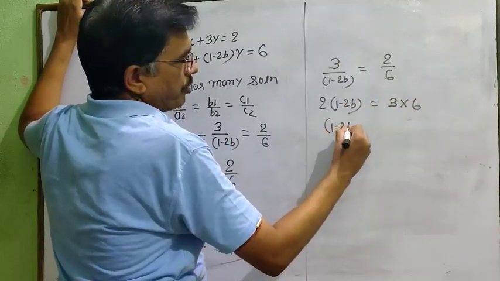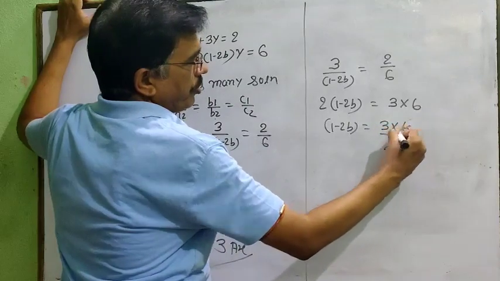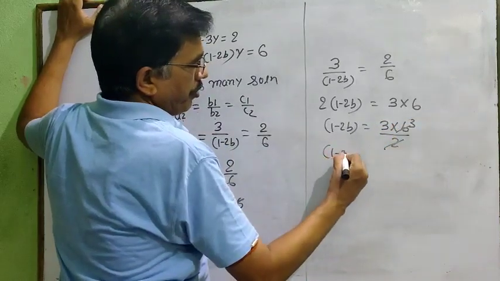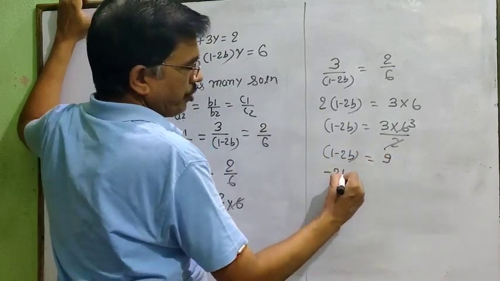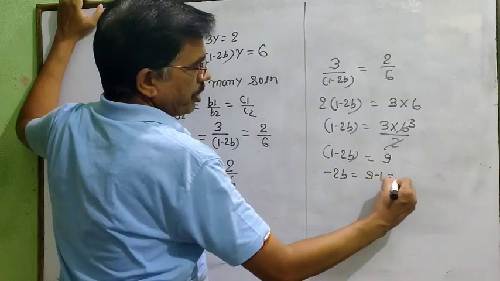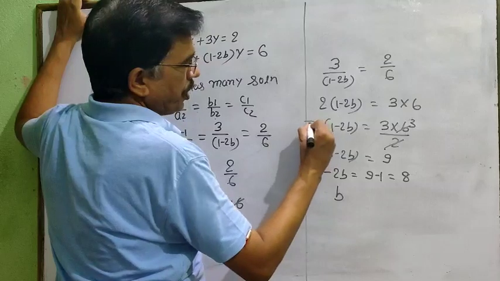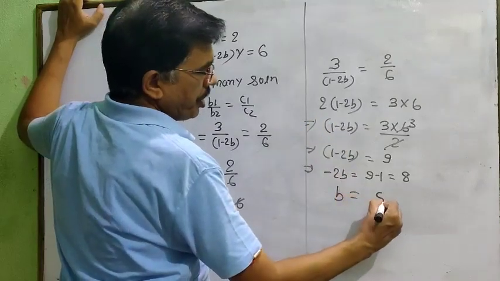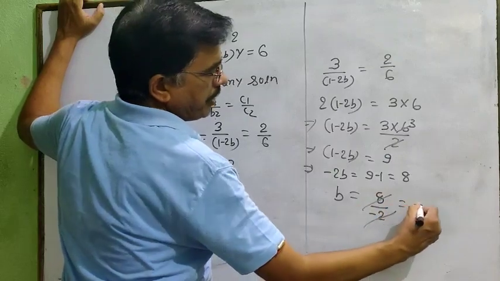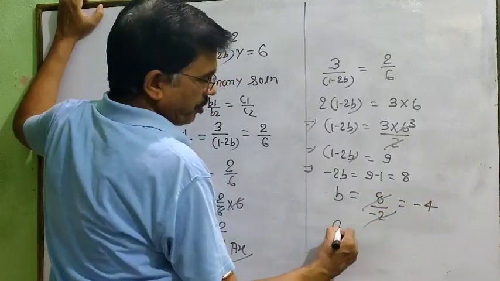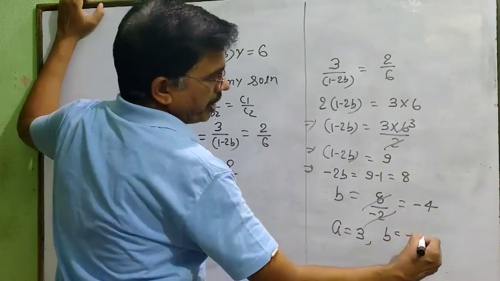So 1 minus 2b is equal to 3 into 6 by 2, which is 9. So minus 2b is equal to 9 minus 1, that is 8. So what is the value of b? You can say b is equal to 8 by minus 2, that is minus 4. So a is equal to 3 and b is equal to minus 4.